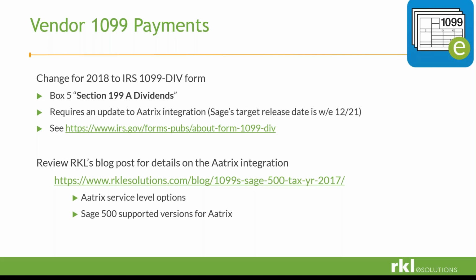It is basically a per transaction fee and I believe a one-time setup fee to enroll in the service. That blog post also references the supported versions of 500 in which you can use the solution, and I will be reaching out to get that blog post updated to include the latest version of 500 if it's not already included.